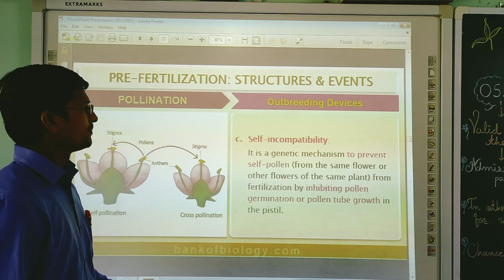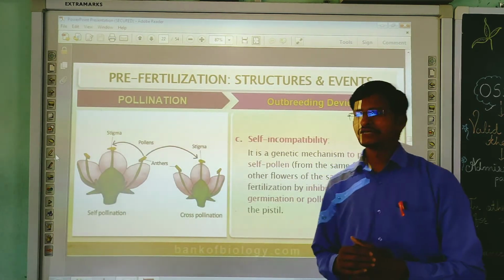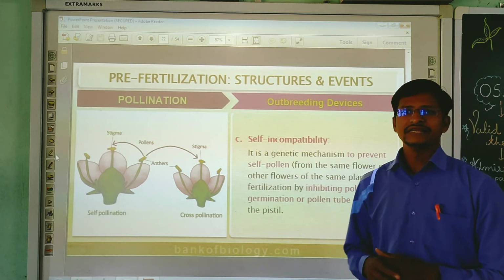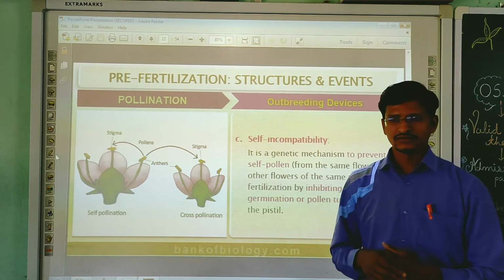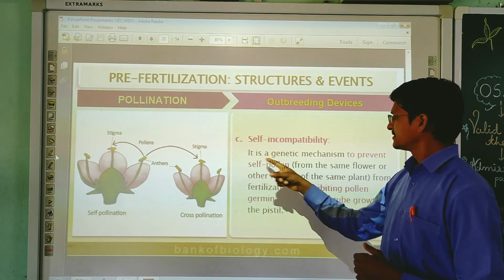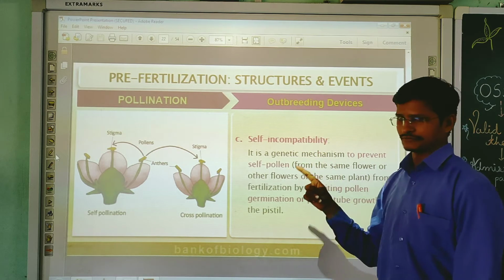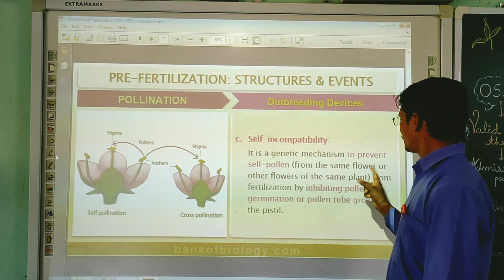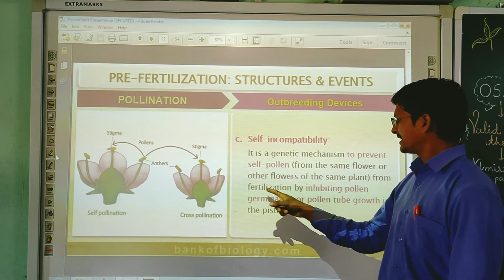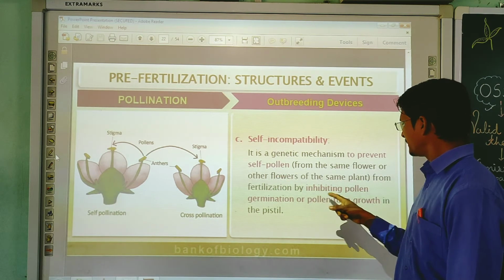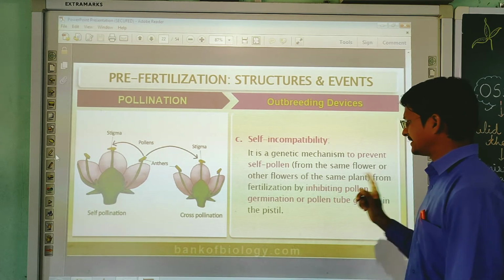Self-incompatibility. Most important, self-incompatibility. Now, what is self-incompatibility in the outbreeding device method? So here it is a genetic mechanism to prevent self pollen from the same flower or other flowers of the same plant from fertilization by inhibiting pollen germination or pollen tube growth in the style.